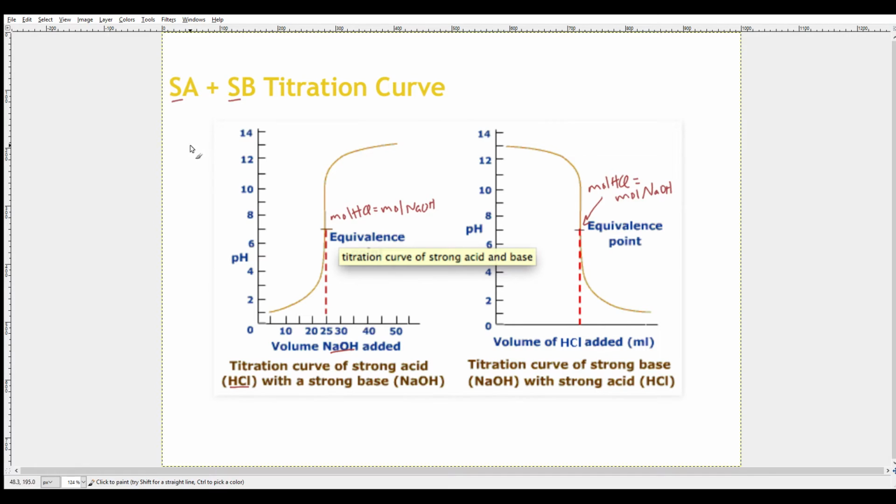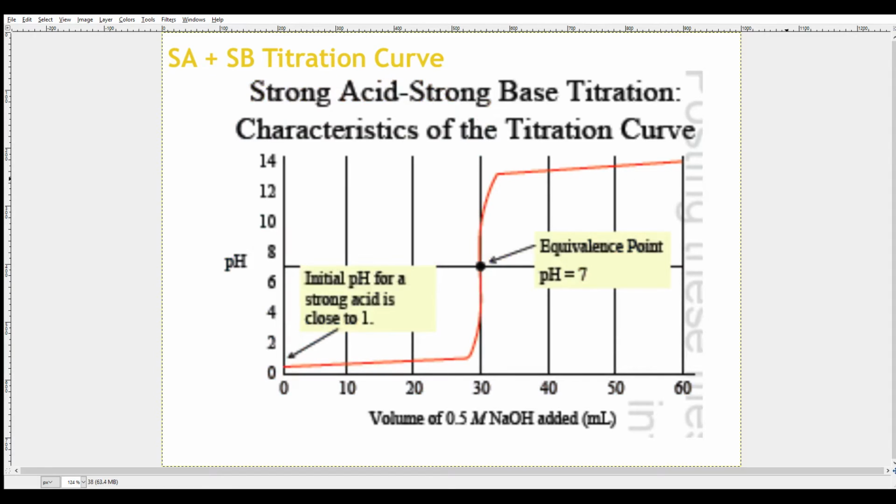Now notice when you have a strong acid titrating a strong base, or the reverse, what is the pH at the equivalence point? The pH is 7. Again, this is assuming everything's at 25 degrees Celsius. Pretty much everything we're doing, we're assuming that.